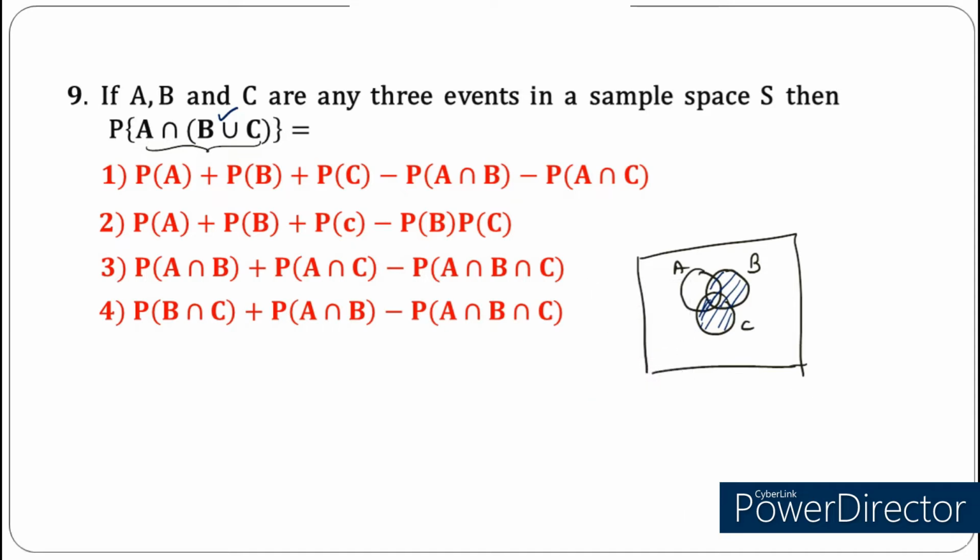A intersection. A intersection means, out of that marked region, what is common with A? You can see here, this part is common with A, right? This marked region is common with A.